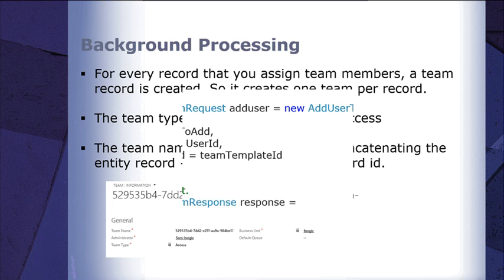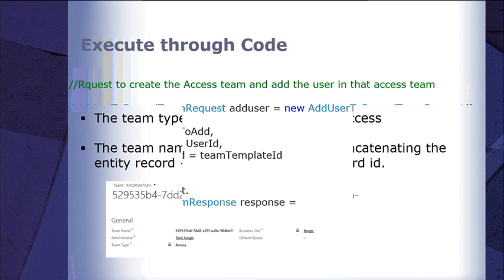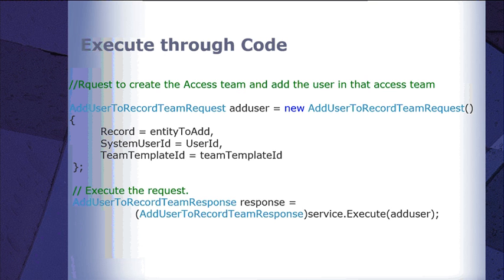Now, how do you go about executing this through code? We have a new API function that has been added, which is AddUserToRecordTeamRequest. As we saw in the previous slides, the three important items here are the record which needs to be shared, the user that needs to be provided the access, and the team template that decides the privileges that the user gets for the particular record.